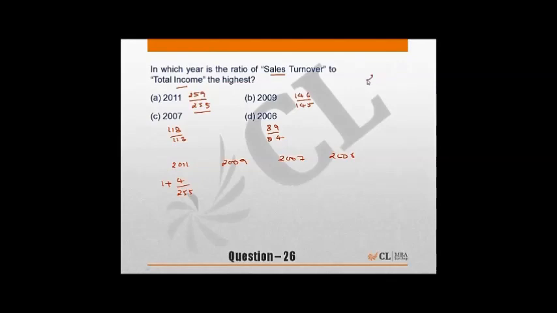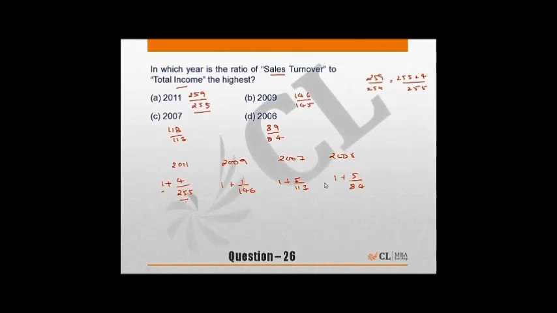Or this is more than 1 by 4 upon 255. 2009, 1 plus 1 by 146. 2007, 1 plus 5 by 113. And 2006, 1 plus 5 by 84.